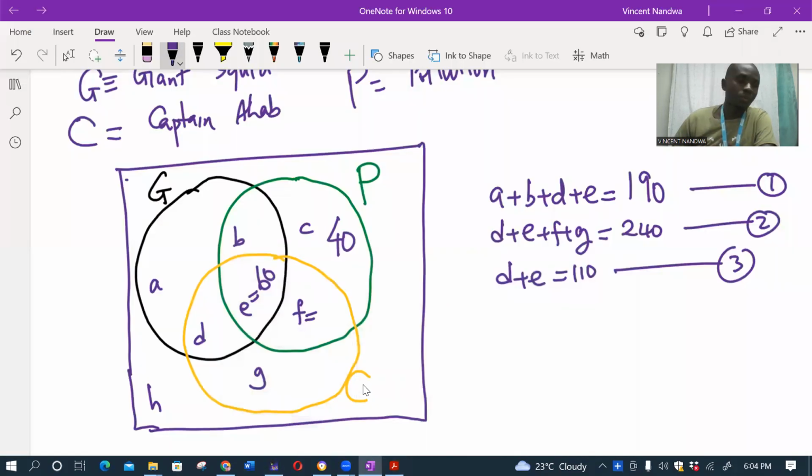So here we fill in 30. You are common to P and C, but not G, so you're only picking this part F that remains.